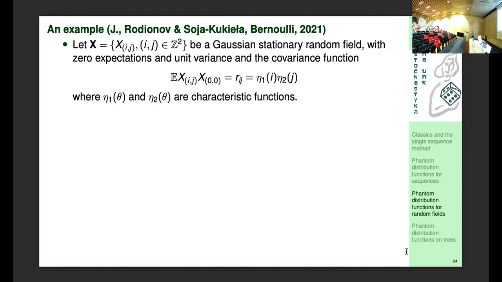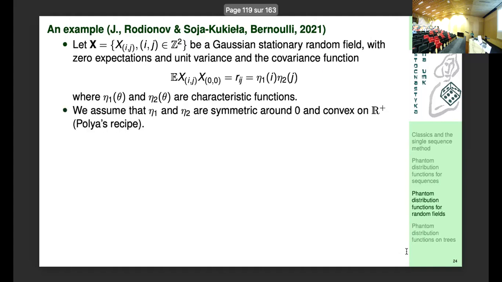We consider a stationary random field with standard normal marginals, but with a covariance function. These are elements of the random field, indexed by Z squared. Stationary, so we need only this to write down the covariance function, which should be of the form of a product of eta 1 of i and eta 2 of j, where those two functions are characteristic functions.